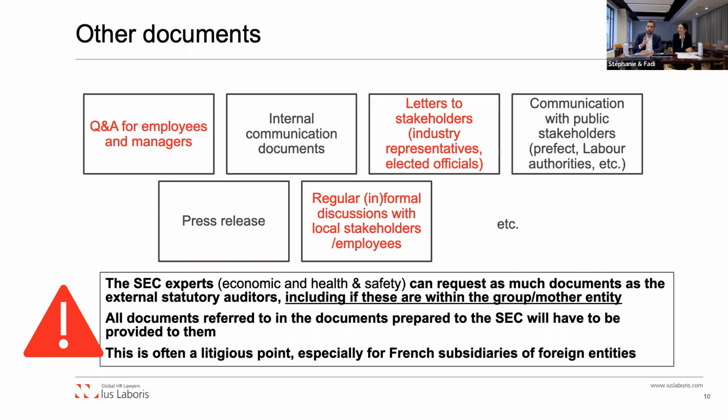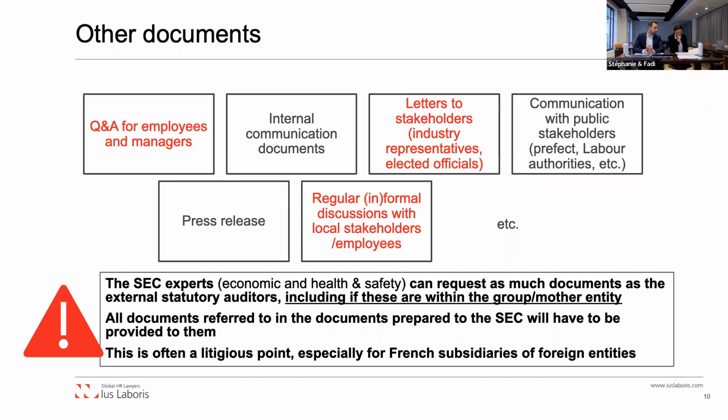So just to give you a background, the expert, as I explained on the timeline slide, is an external advisor to the Works Council, whose job is to help them understand the content of the project. There are two types of experts, roughly speaking. One is an external accountant, and the other one is about health and safety.